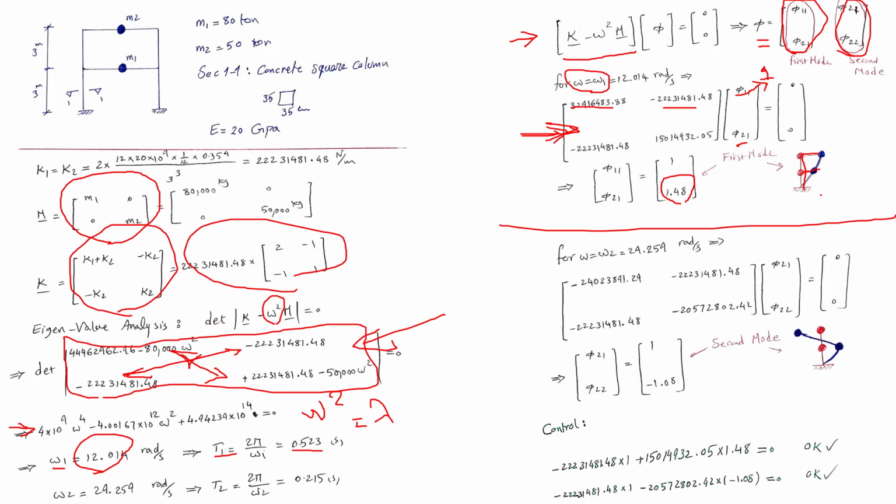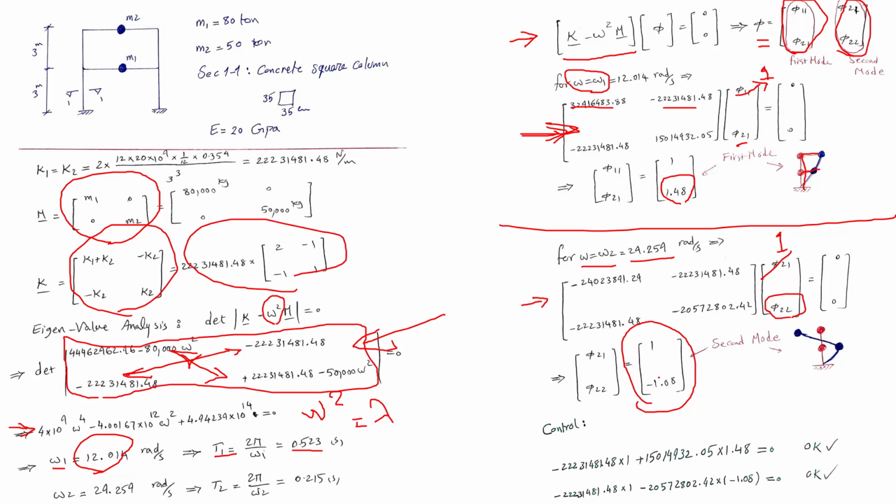If you repeat the whole process for omega equal to omega 2, which is 29.259 radian per second, you will come up with this one. Again, I set this one to 1 and calculate the second one, which gives the second mode shape, the vector of 1 and minus 1.08.